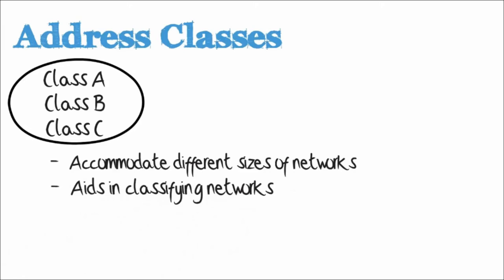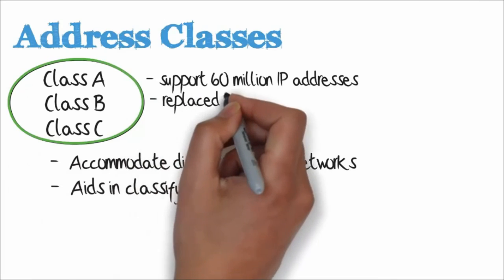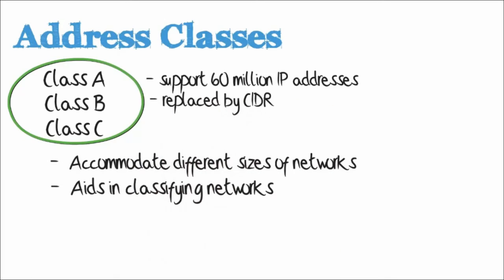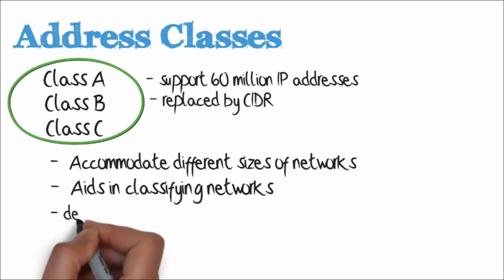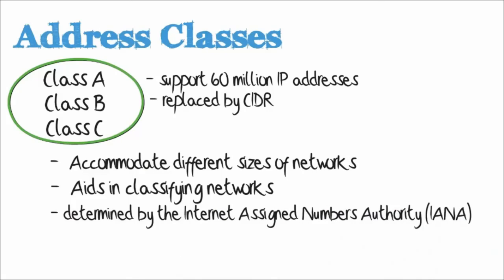So as an example, a class-full A address supports about 16 million IP addresses. So once again, we had class A, B, and C. These have been replaced or superseded by CIDR, and address classes such as A, B, and C were determined and then allocated by the IANA or Internet Assigned Numbers Authority.